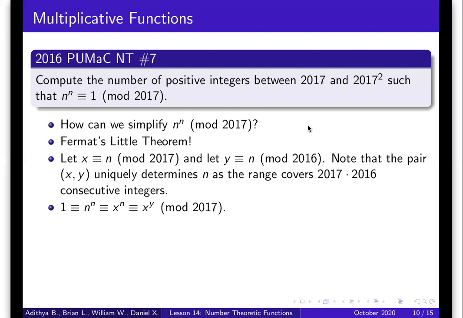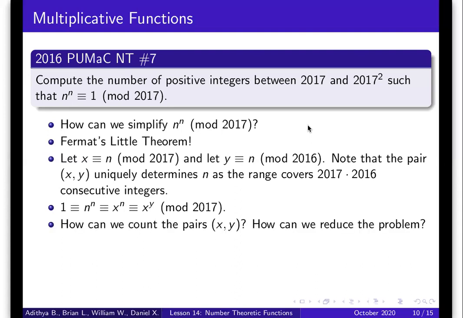So now the next question is, how can we start counting the pairs x and y? Is there any property or result that we can use to simplify this further?